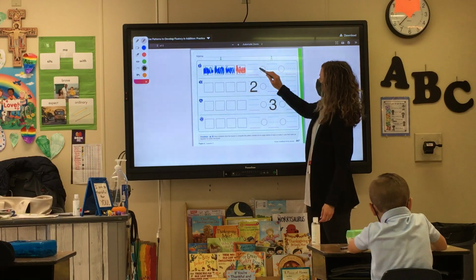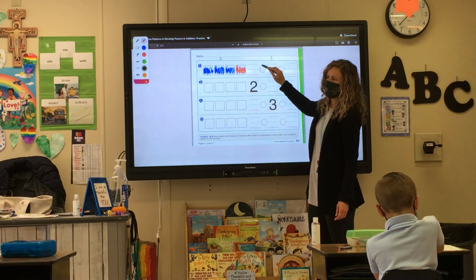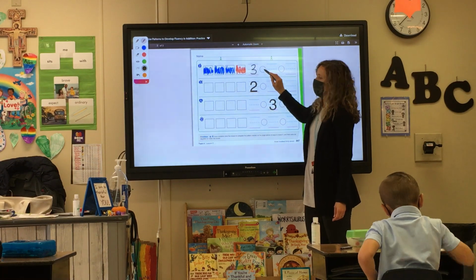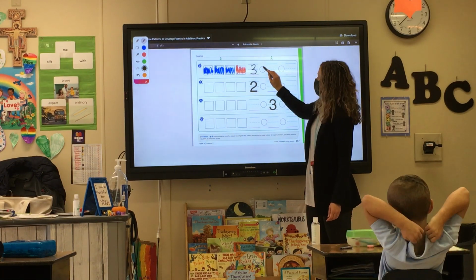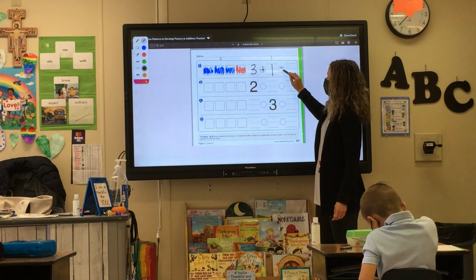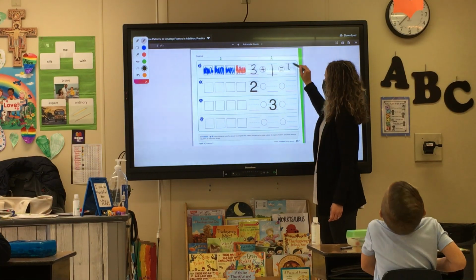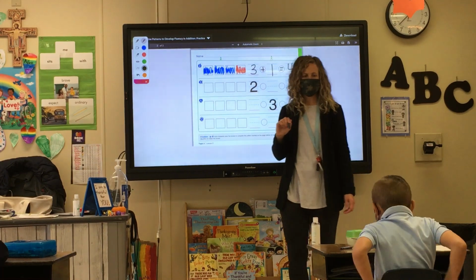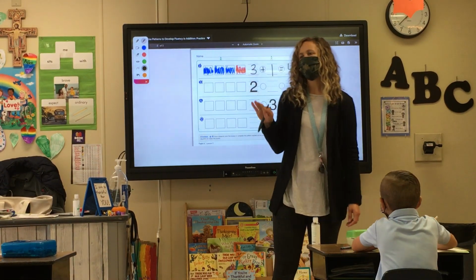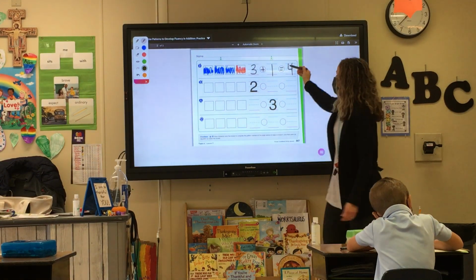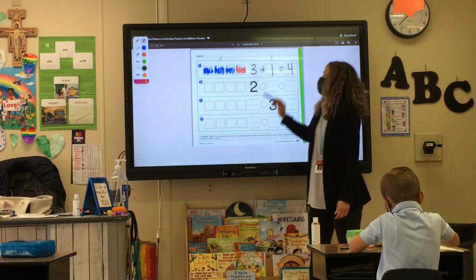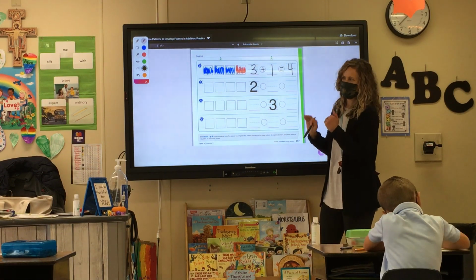So start with your blue, that was what we colored first. 3 plus 1 equals 4. Very good. You guys got that? Okay, let's write it in. So 3 plus 1 equals 4. So again, our sum should always be 4, because look, we always have 4 boxes here, don't we? But these are the numbers that are going to change.